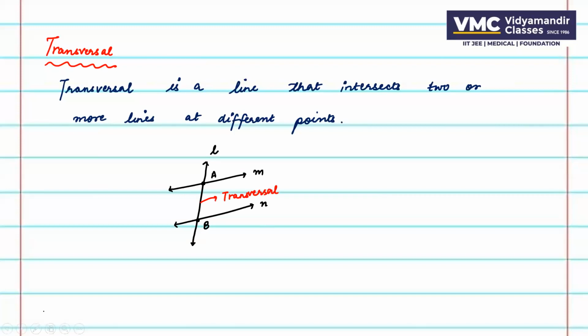Okay, let's move forward. So when any transversal meets any two intersecting lines, suppose, 8 angles are formed on these two distinct points.